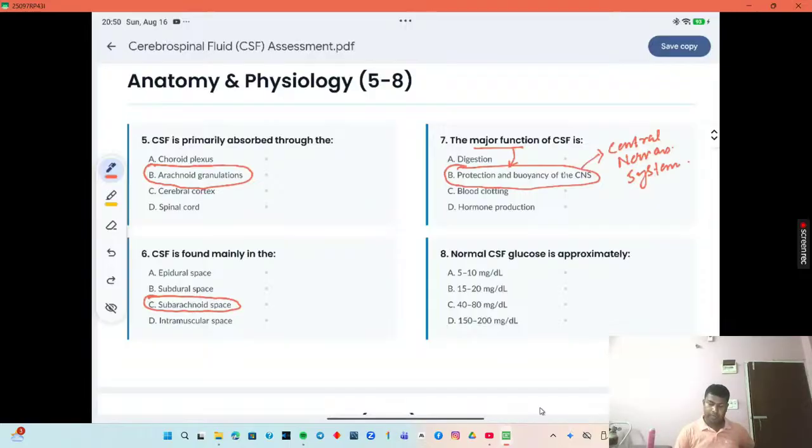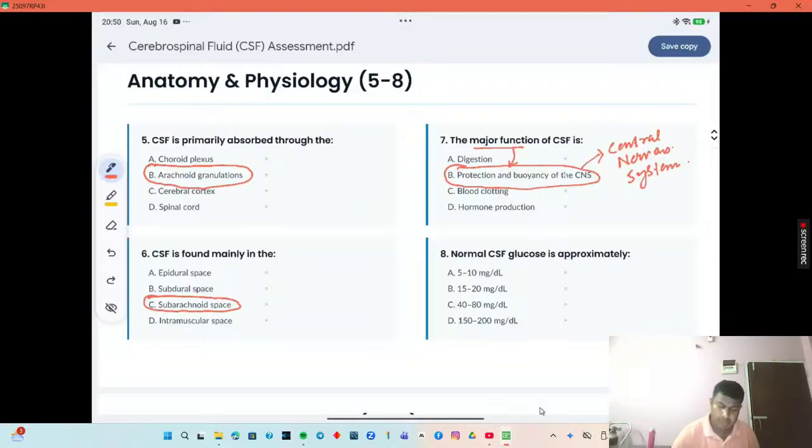Okay. Now the next question is given as, normal CSF glucose is approximately.